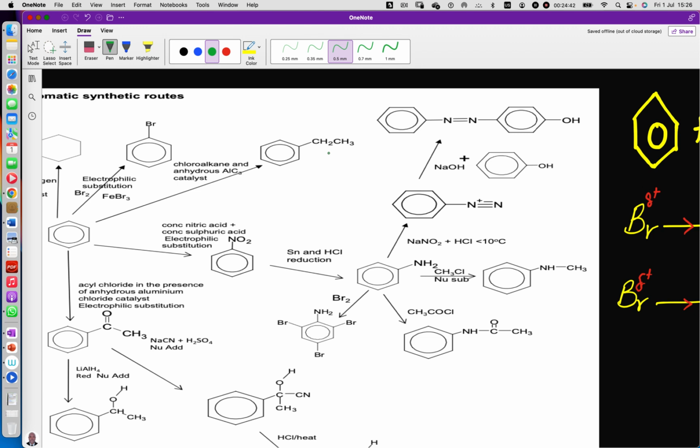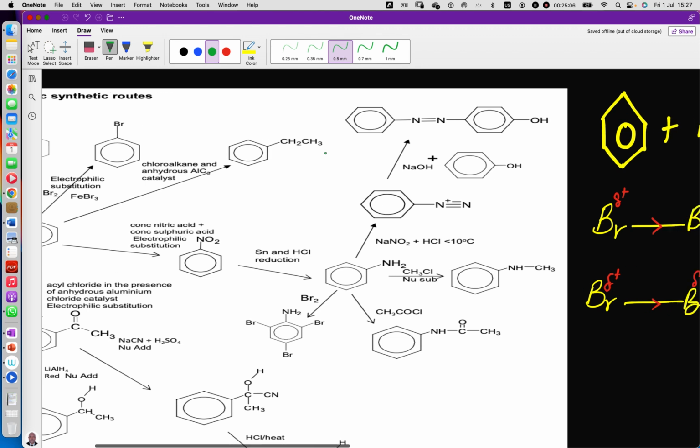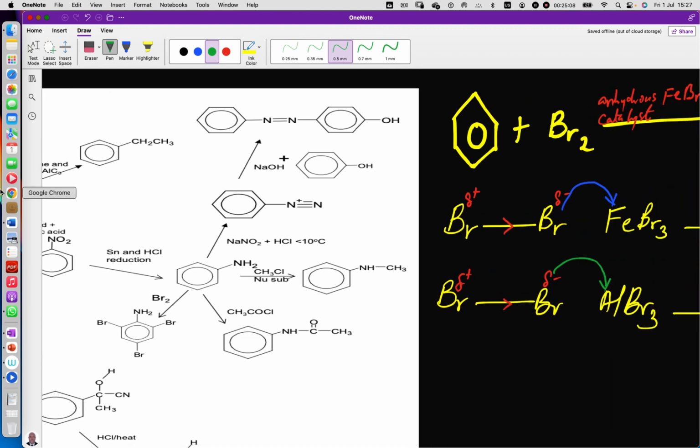That is a chloroalkane and anhydrous aluminum chloride as a catalyst. Yes, we can use that. We call this alkylation. So this is how this one can be formed.